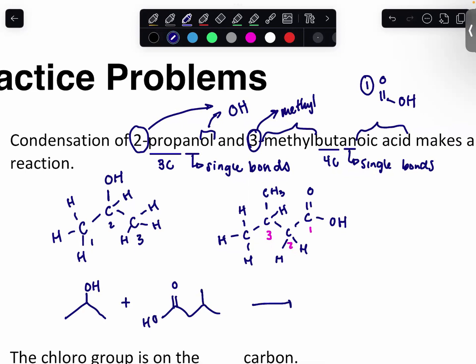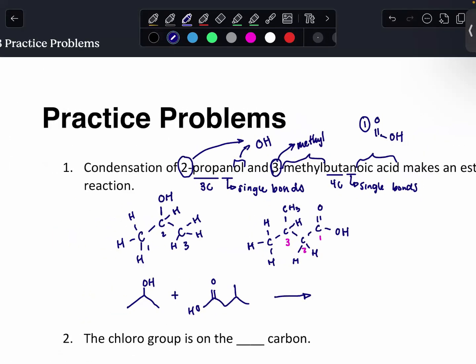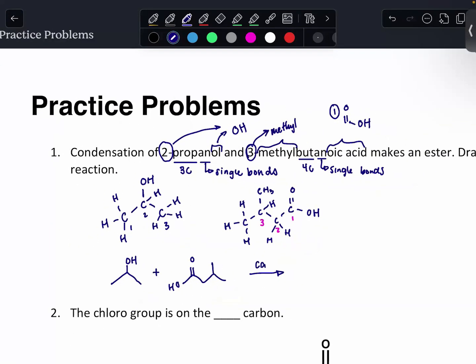So we're going to do a condensation with these 2 reactants. In order to do so, we need a catalyst of some kind, and we're going to make an ester. What does an ester look like?